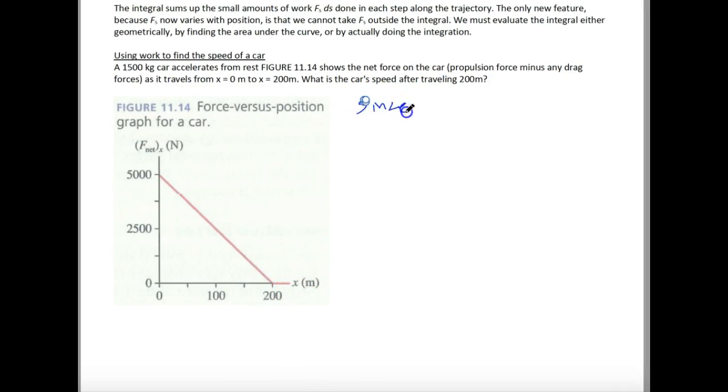Since our original velocity is equal to 0 meters per second, our change in kinetic energy is just going to be equal to 1/2 m v final squared minus 0. And so this is the net work that is being done.